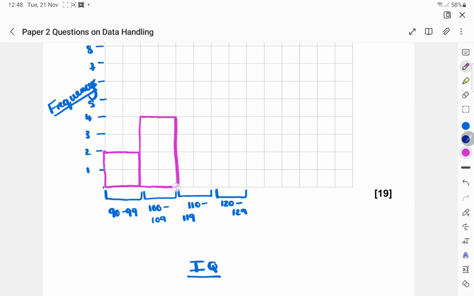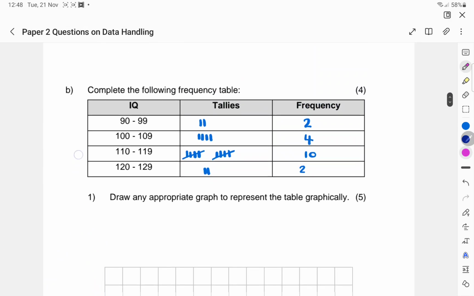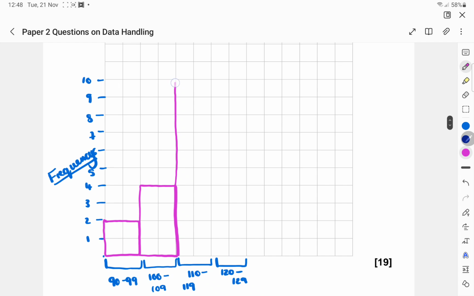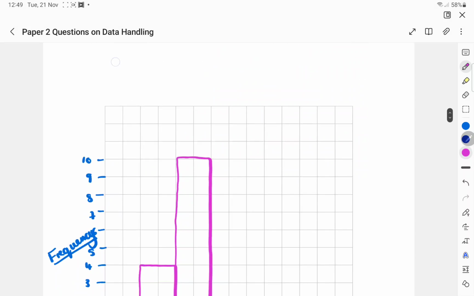Hopefully this is easy, although lots of people struggle to do this. 110 is 10. Always with a ruler, okay, not just freehand like I'm doing now. That's naughty. And then a 2 again.